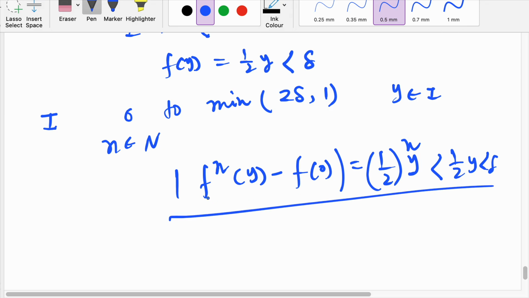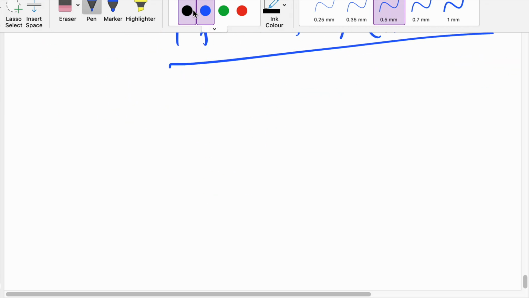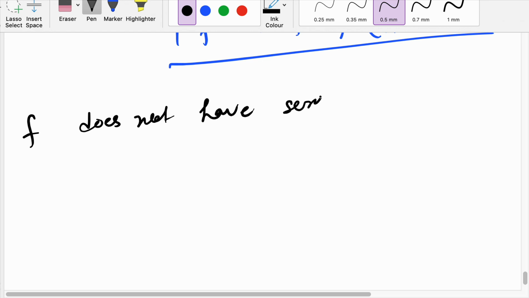So that's satisfied. So that means f doesn't have sensitivity at x equal to 0.